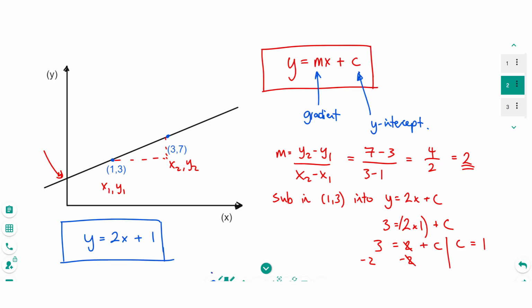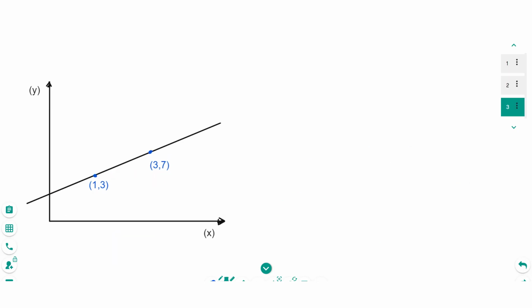Okay. So you can do it a different way. So this is just one equation, y equals mx plus c. You can also use another equation for working this out. So y minus b is equal to m, and then x minus a. Okay, and it'll give you the same answer.